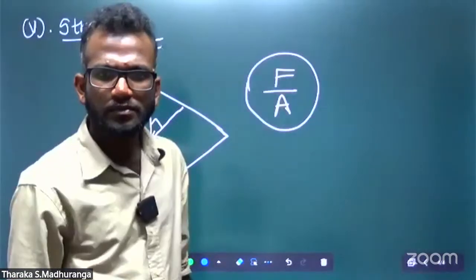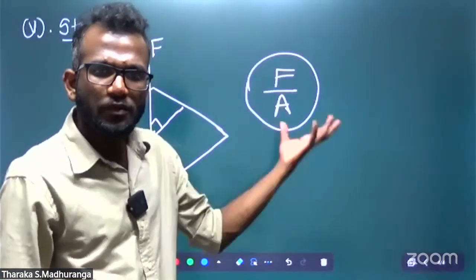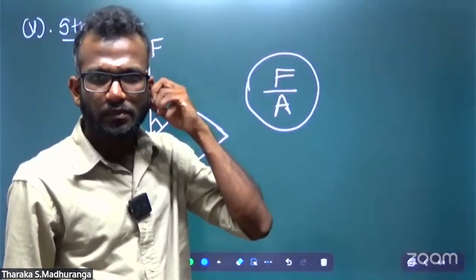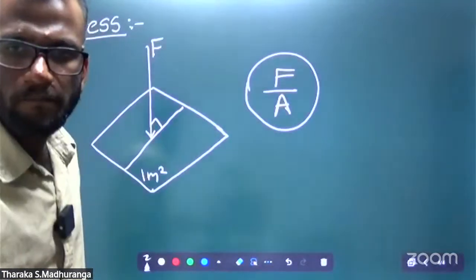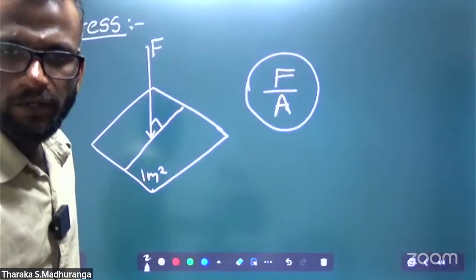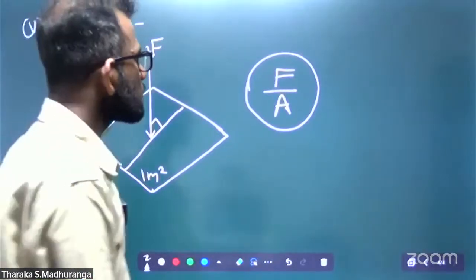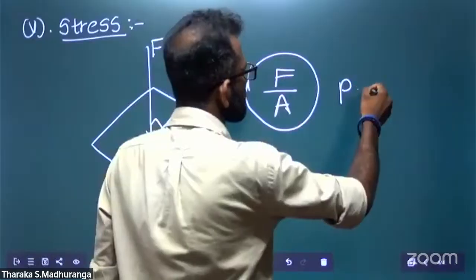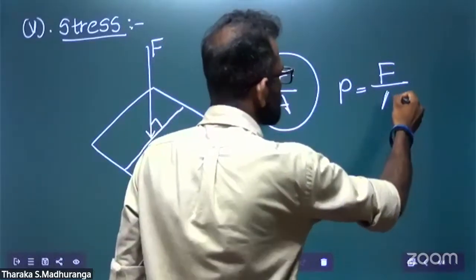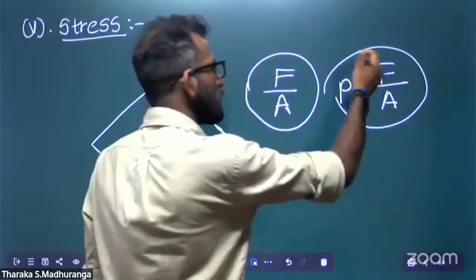In O level, what is the name for this quantity? Very good, it is pressure, no? The pressure equals perpendicular force over area.